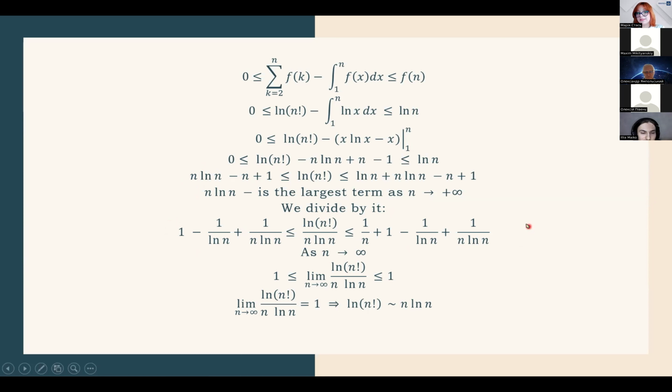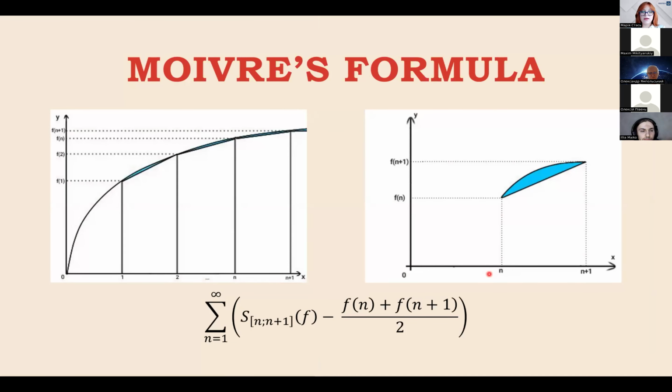And while n is still approaching infinity, we get that the limit of the logarithm of n factorial divided by n logarithm n is smaller than or equal to 1 and bigger than or equal to 1. Then it means that it's equal, and we can say that the logarithm of n factorial approaches n multiplied by the logarithm of n. And here we have Moivre's formula.